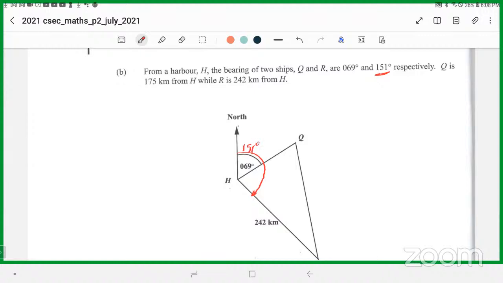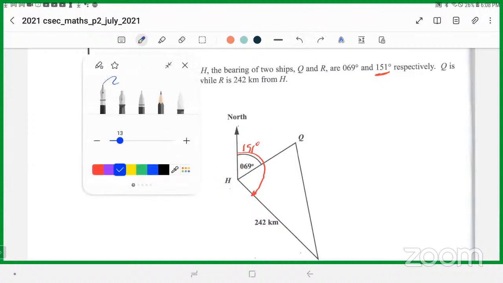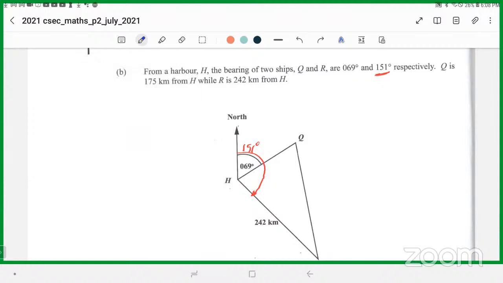So if the whole thing is 151 and the piece up here is 69, then the angle inside here, which I'm going to mark in blue, the angle between the two sides, becomes 151 minus 69. That's what it is, right? Angle in blue: 151 degrees minus 69 degrees.